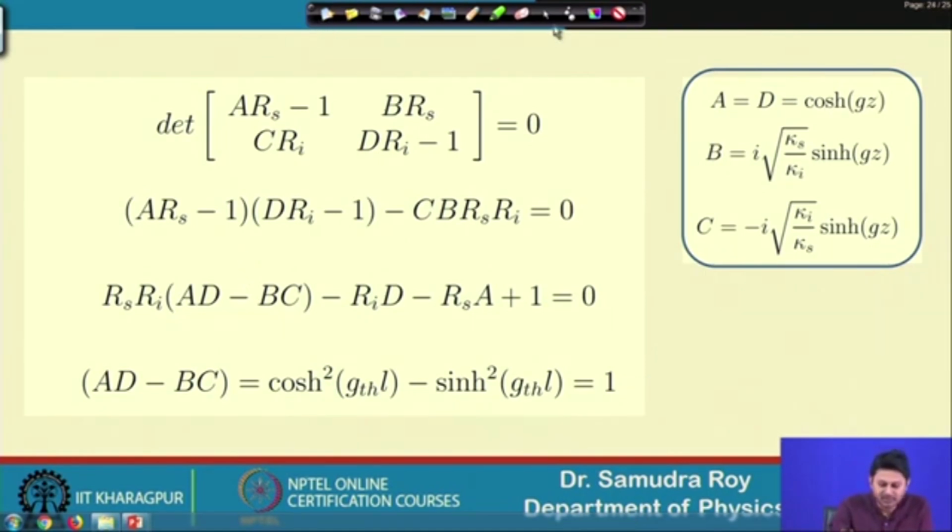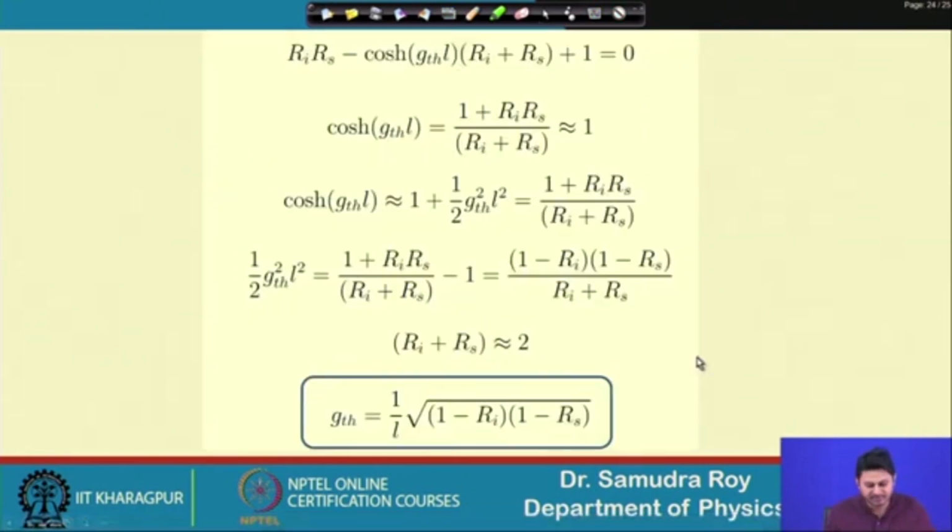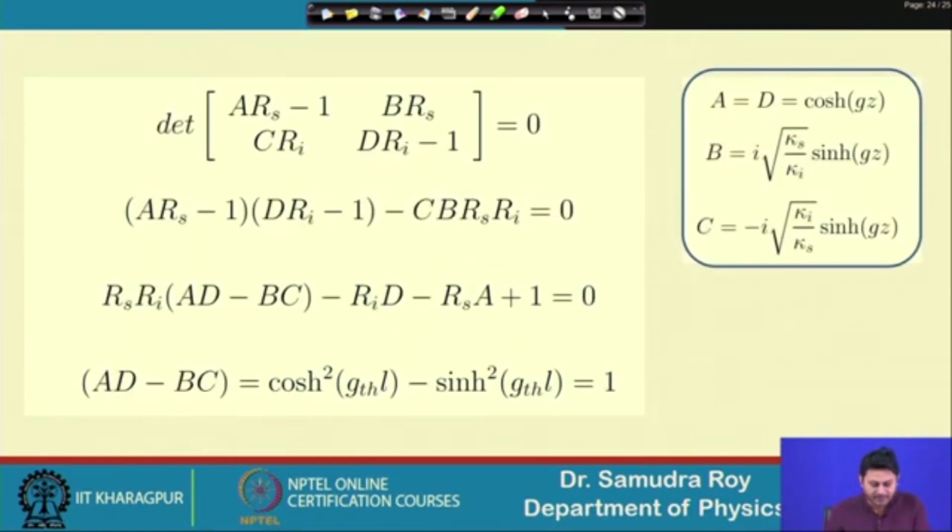So, the expression is now simplified. It looks cumbersome, but when I calculate, all this relationship is there. Also here D and A are the same.